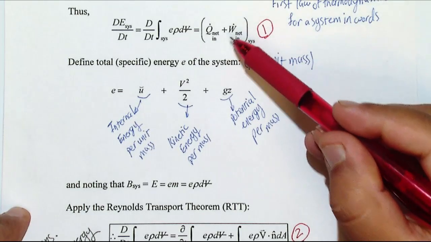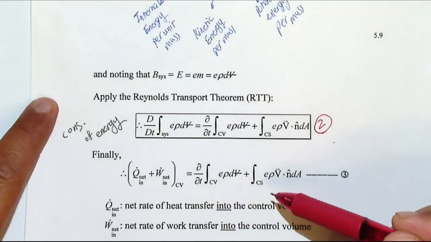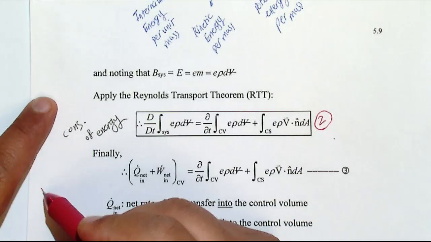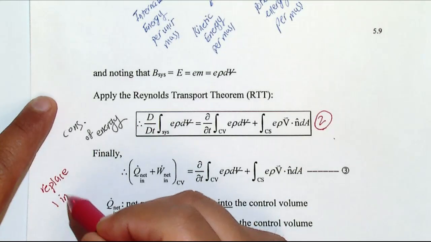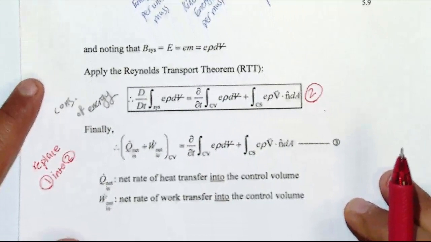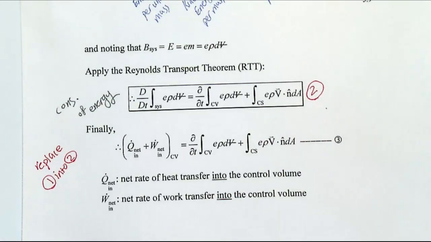So we can replace that here, and we get another equation, which is equation 3. By replacing 1 into 2, simple, just bring it down, add these two equations and have a more general equation.